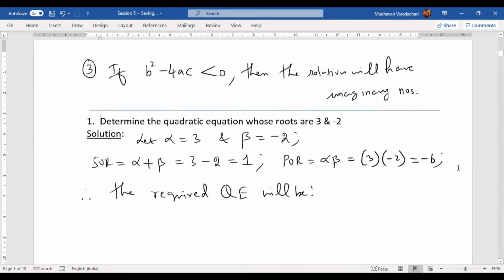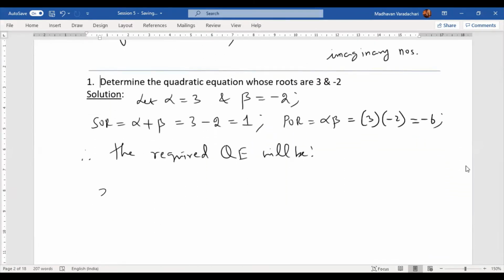We can simply do that. It will be x square minus the sum of the roots, which we calculated is nothing but 1, so 1 times x, plus the product of the roots, which is negative 6, equal to 0. Or simply I can write x square minus x minus 6 equal to 0.